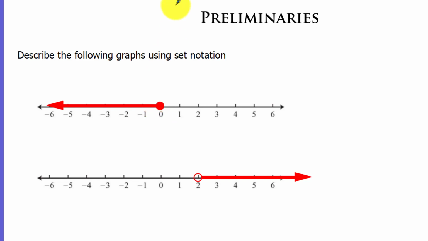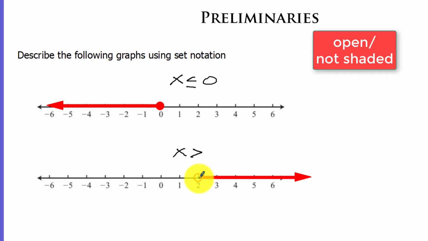So when we discussed inequality before, when we write our solution set, it will be x less than or equal to 0. Whereas for this graph, it will be x greater than, without the line under, because we have an open circle, x greater than 2.